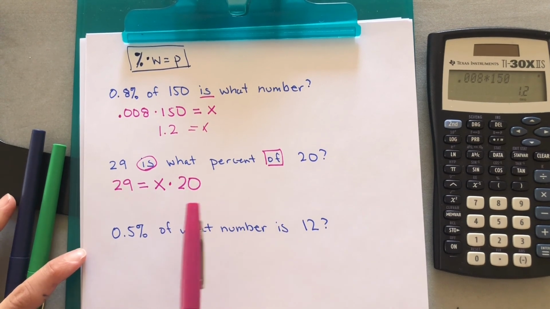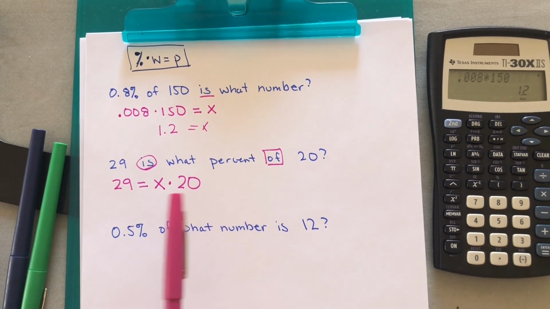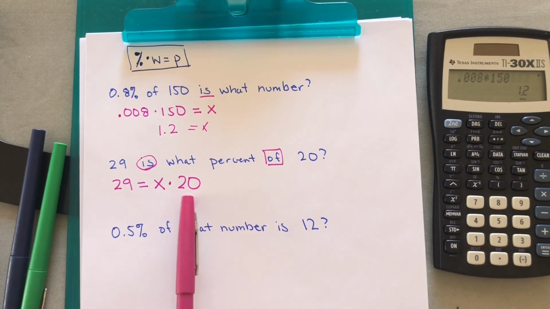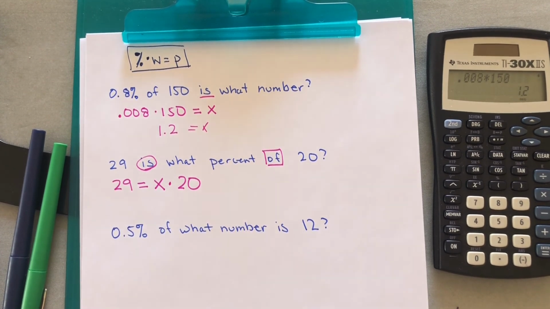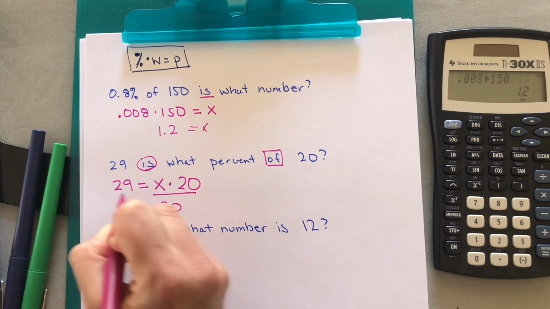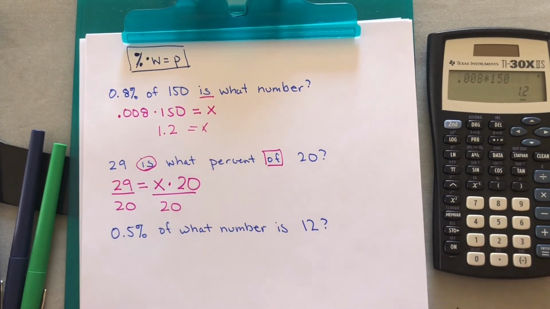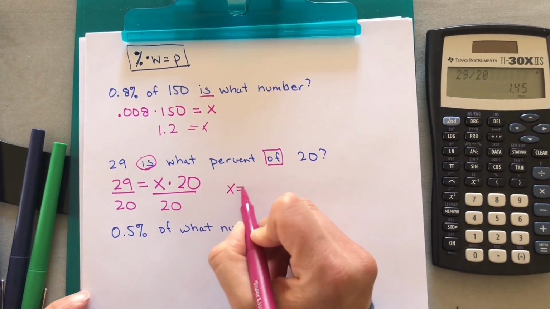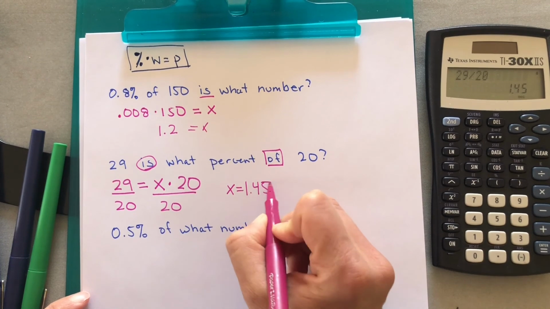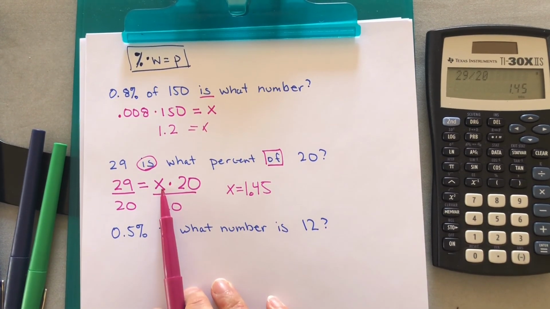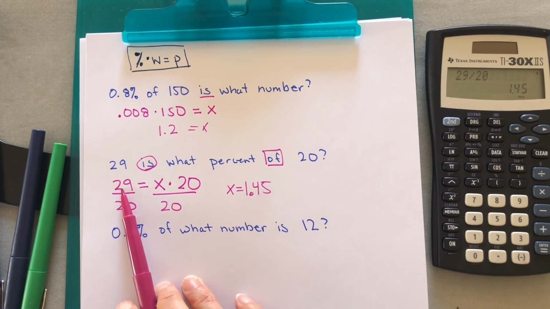It would make sense here to have a percent that's greater than 100 because the part is greater than the original whole. So our answer should be greater than 100%. Let's solve for x by dividing both sides by 20. x equals 1.45. So that means if I multiply 20 by 1.45, I would get 29.